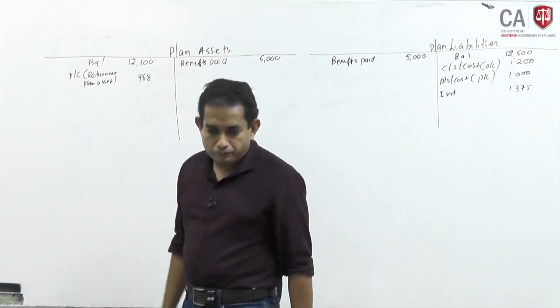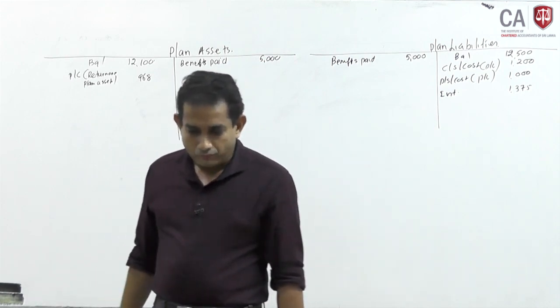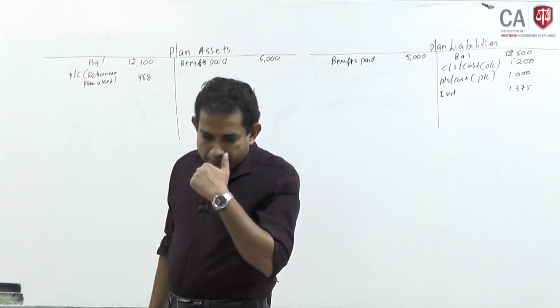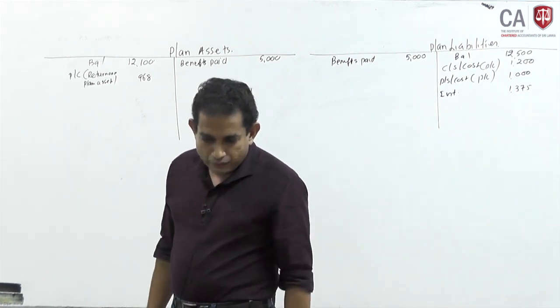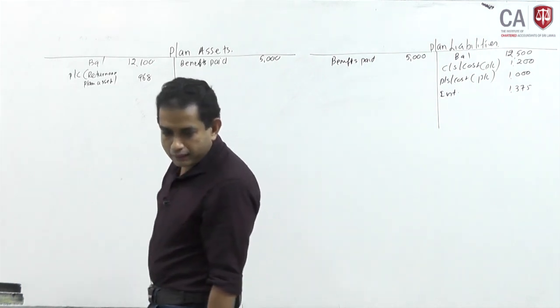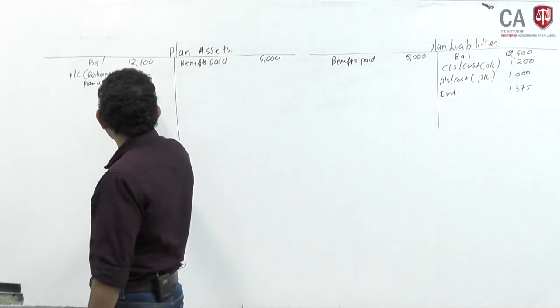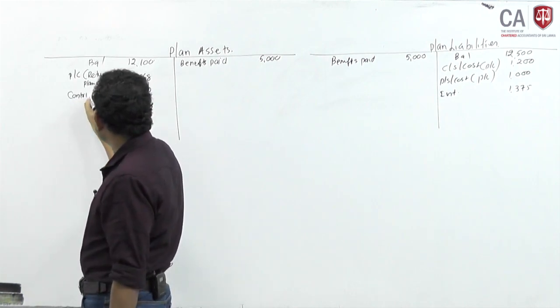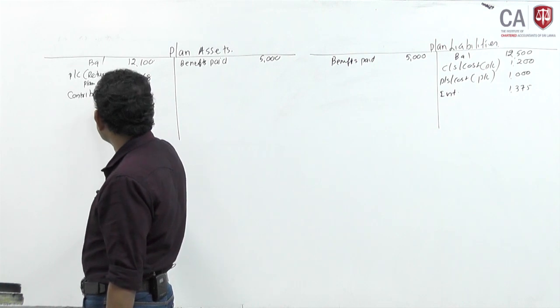Benefits paid 5,000. Winnie PLC paid 4 million rupees as contribution to the plan, including the past service cost. Contributions during the current year, 4 million, will be added to the plan assets. Contributions are 4,000.